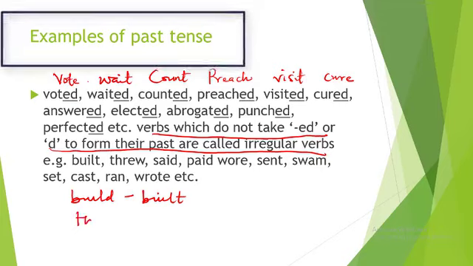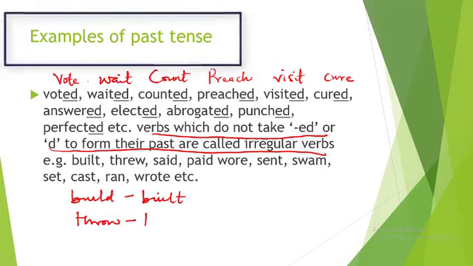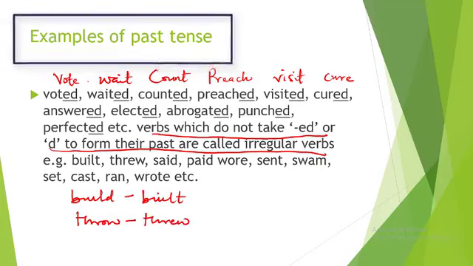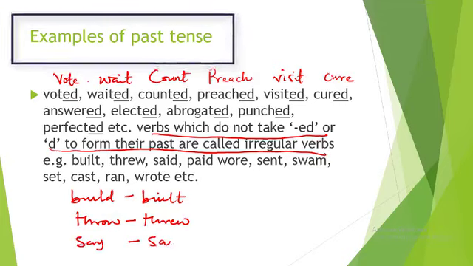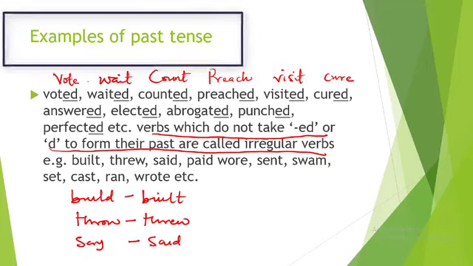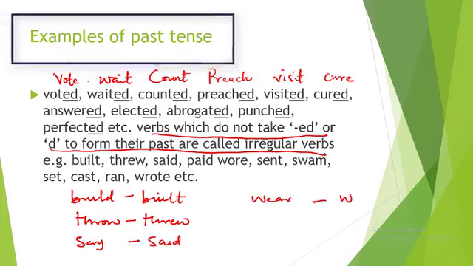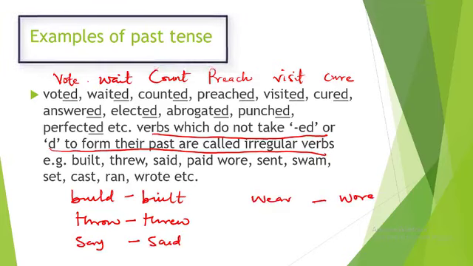We have throw becoming threw. We have say becoming said. And lastly, we have wear becoming wore. So these are examples of irregular verbs.